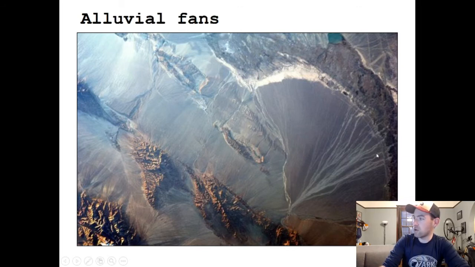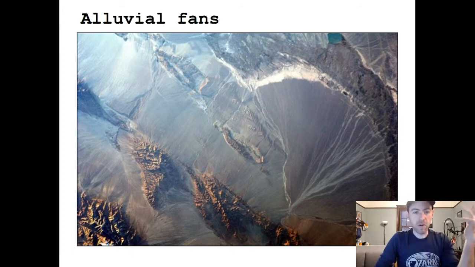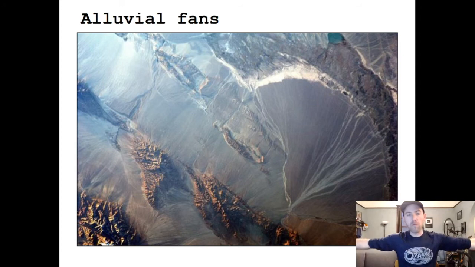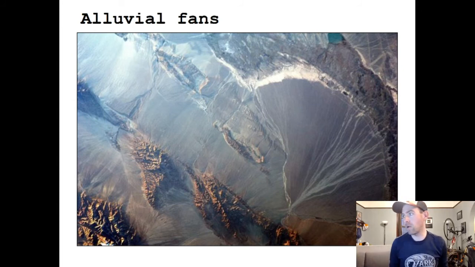When a rain event or a flood event occurs, you may have flow that is distributing over many channels across the alluvial fan top at any given time. And that's relatively characteristic of alluvial fans as well.